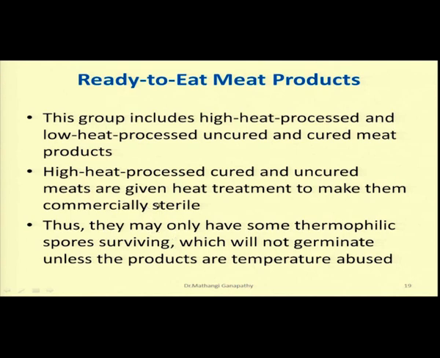When they are again given heat treatment to sterilize them, what would remain are the spores, the thermophilic spores. Remember, spores will not get spoiled easily. Unless conditions become conducive for the germination of the spores, you are not going to see live vegetative bacteria in these ready-to-eat products. So comparatively they are safer.